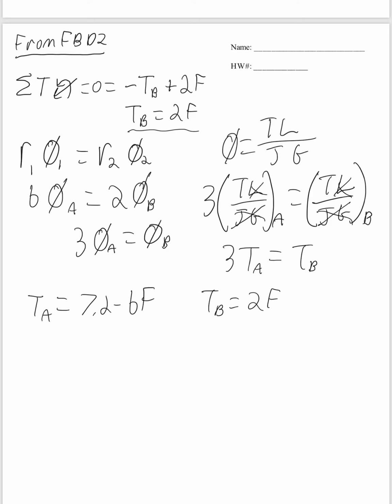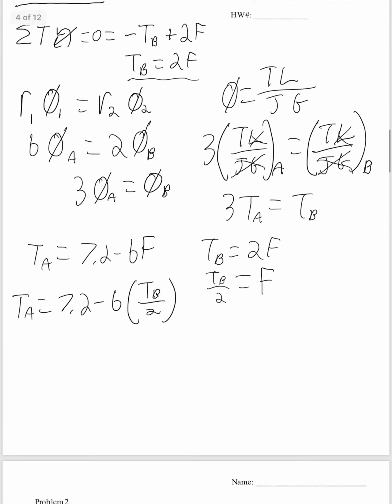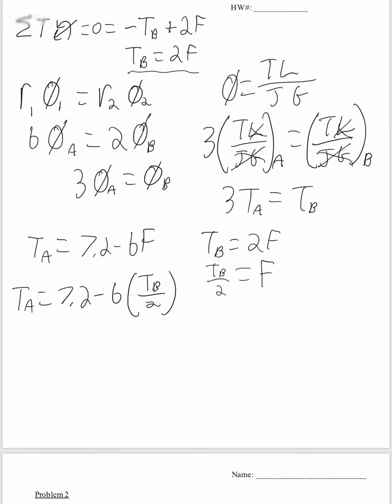This equation is the same as saying F equals T sub B divided by 2. I'm going to plug that in over here. So we get TA equals 7.2 minus 6 times TB over 2. And we said TB equals 3TA. So TA equals 7.2 minus 6 times 3TA divided by 2.